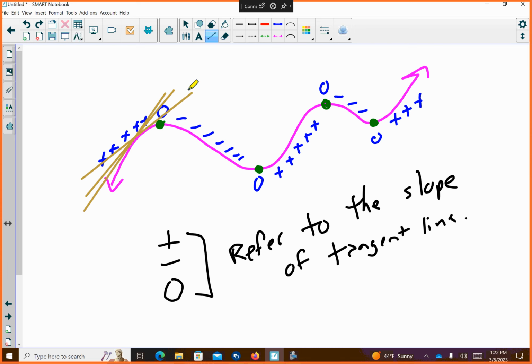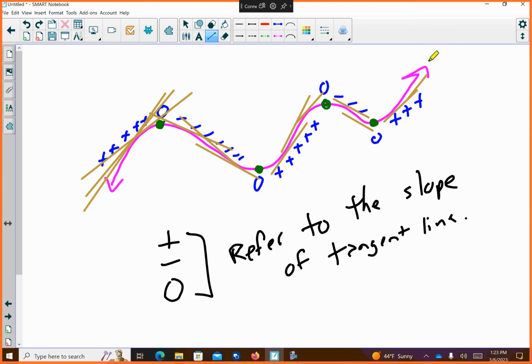These gross colors are tangent lines. Those all have a positive slope. As I come down, these have a negative slope. As these come up, these have a positive slope, and they do flip-flop on either side of the line, which we'll talk about as points of inflection in a little bit.